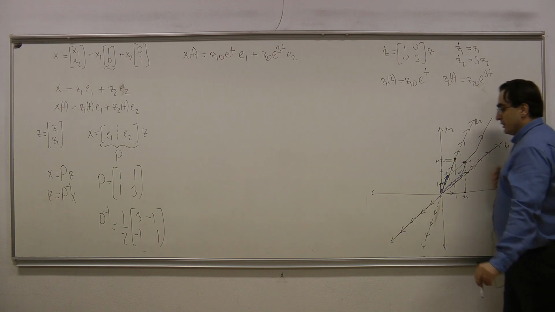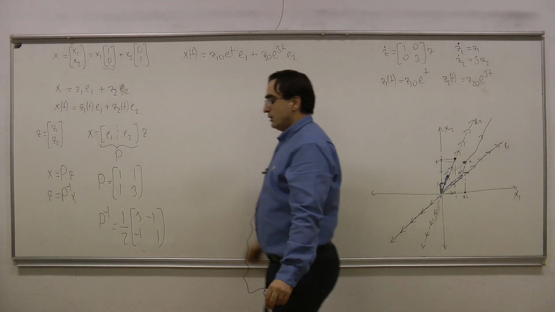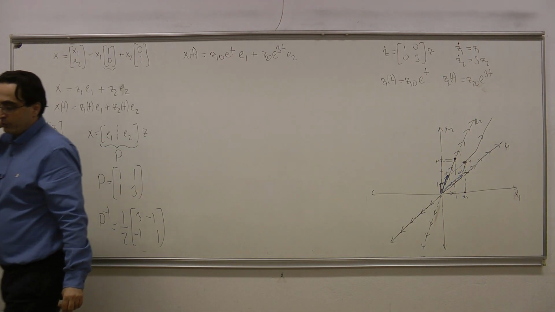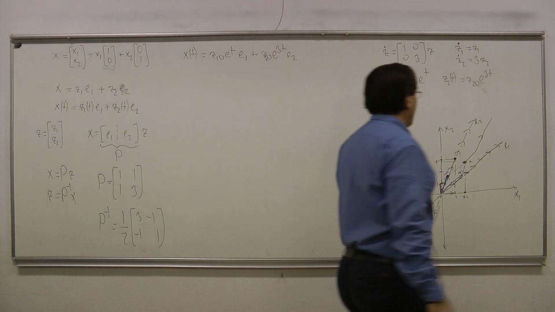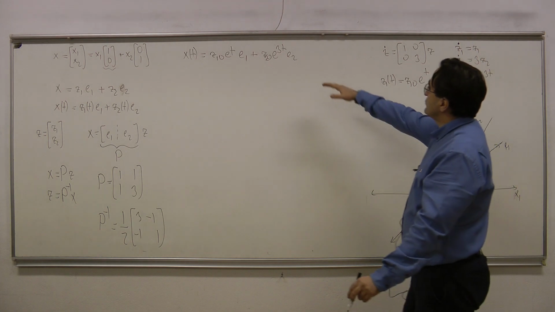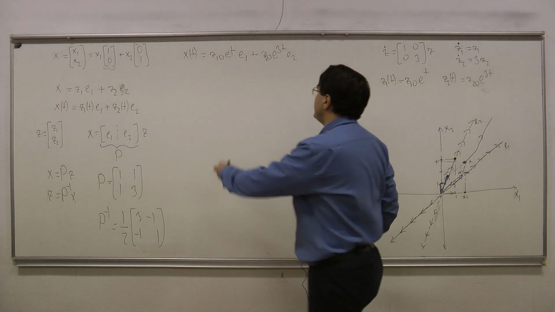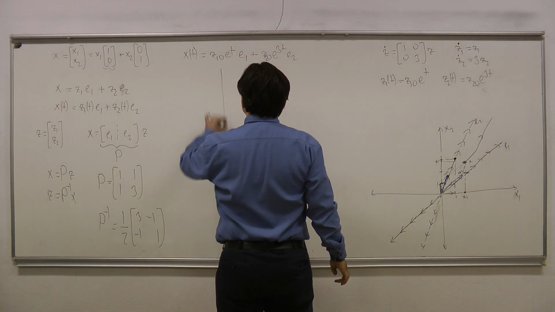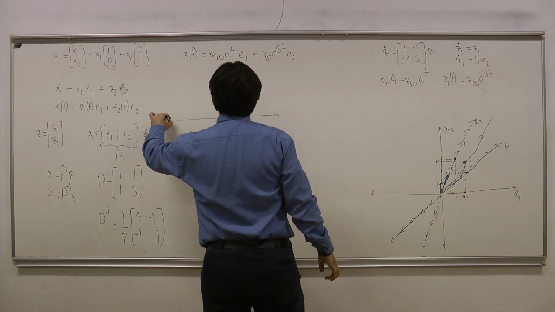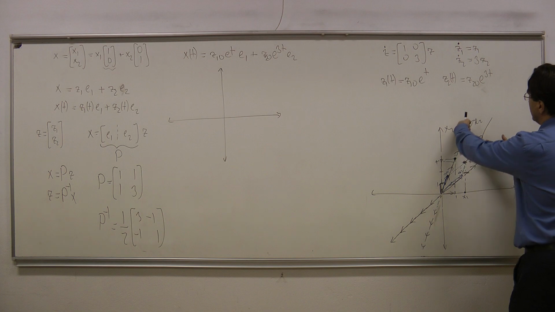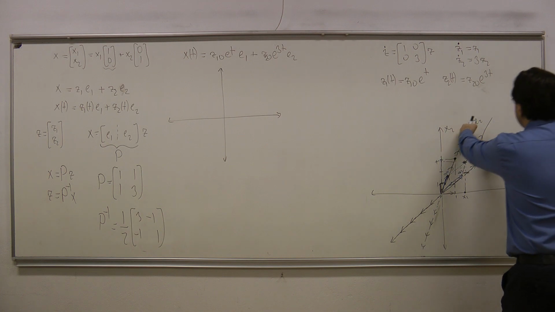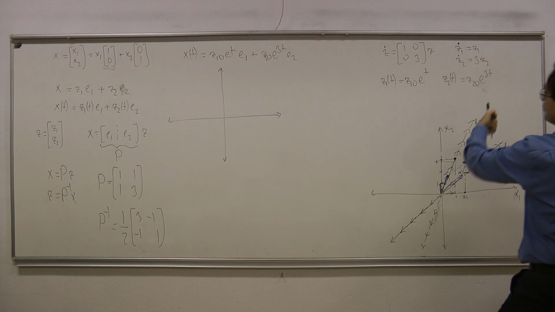So how can I be sure about this type of behavior? Let me try to draw the trajectory of my system in the Z1, Z2 plane. Suppose that I take this axis as Z1, and this axis as Z2, and I decouple them and make them orthogonal.